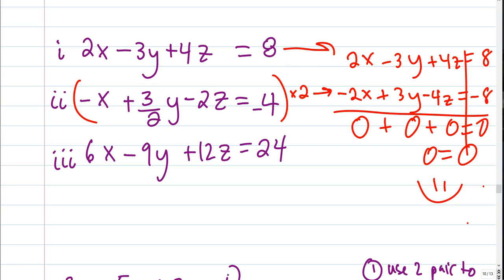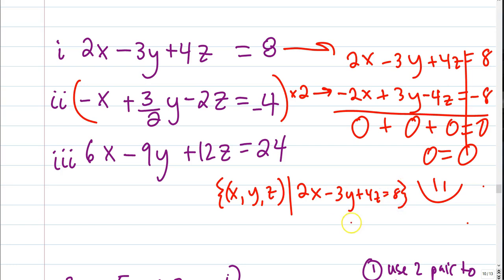So basically it will be the solutions of x, comma y, comma z, such that it fits any of these equations. I'm okay with that. You can just put many or infinite solutions, and I will be fine with that. Okay? Let's keep going.